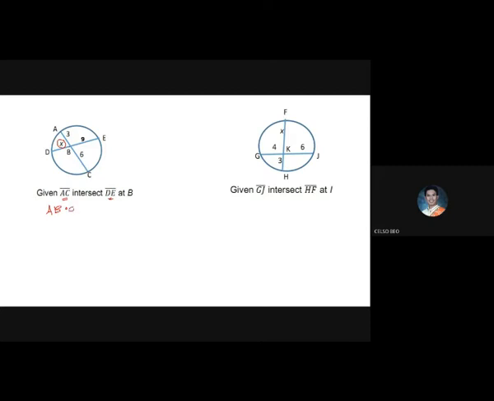The product of this chord is equal to the product of the other segments of the chords. We have segment DB multiplied by segment EB.